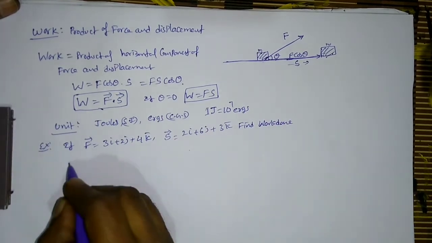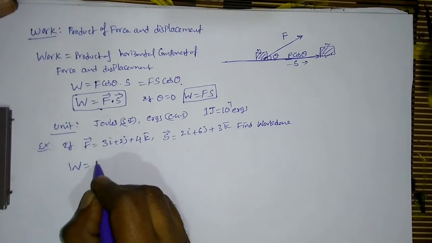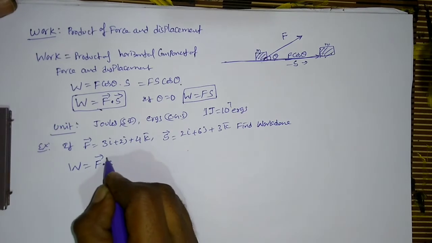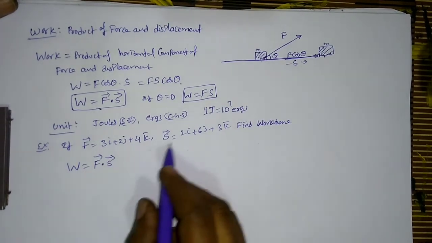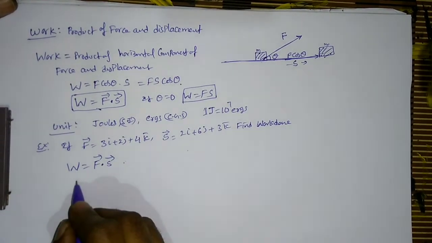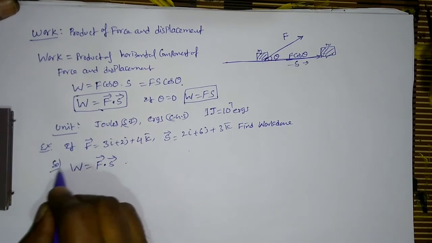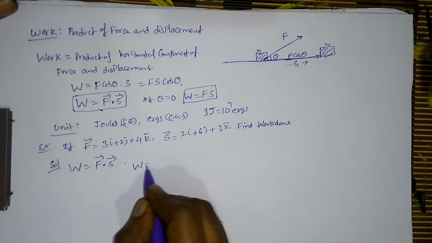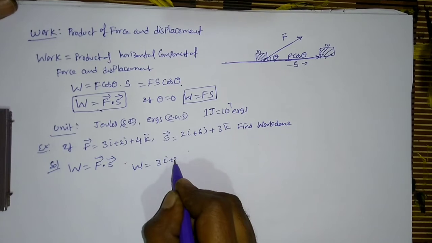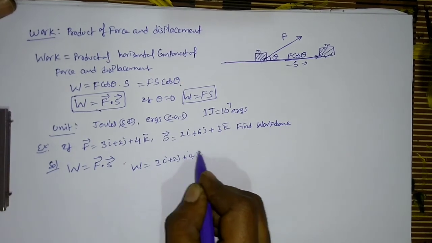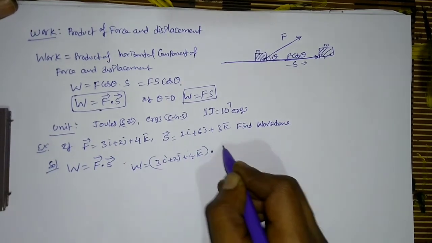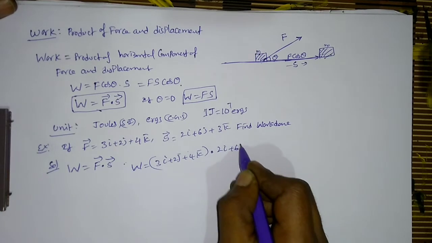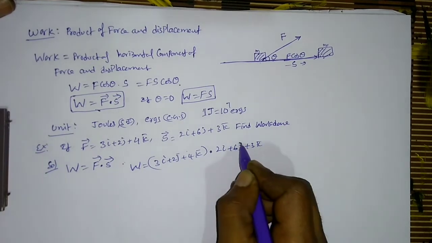As we know the formula, work done is equal to F bar dot S bar, the dot product. That means the solution is W equals 3i plus 2j plus 4k dot 2i plus 6j plus 3k.